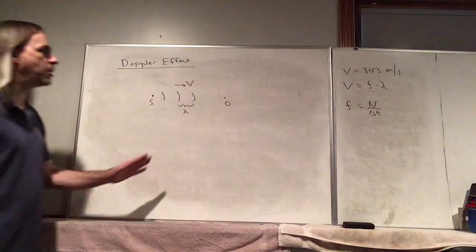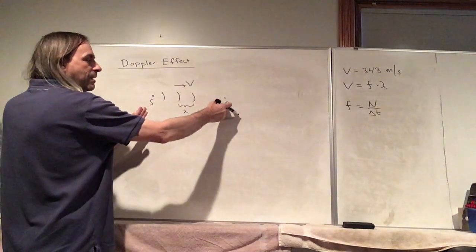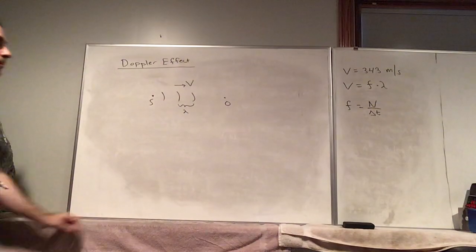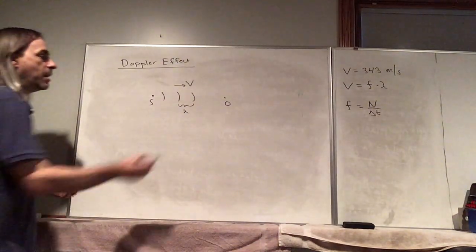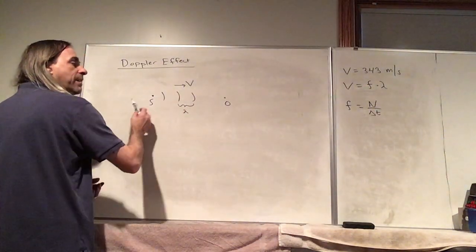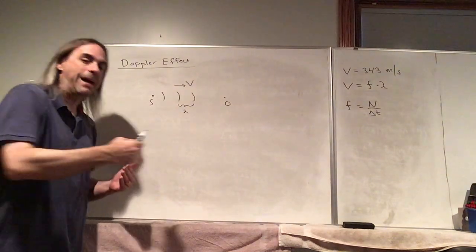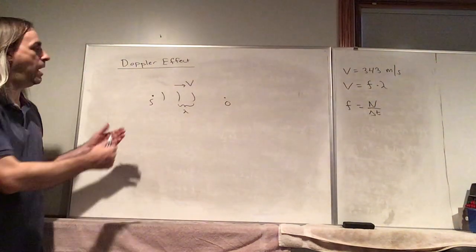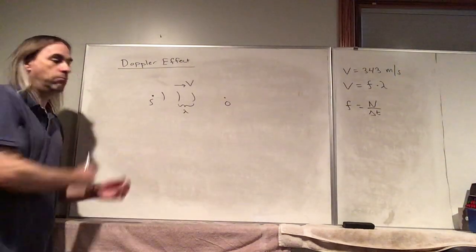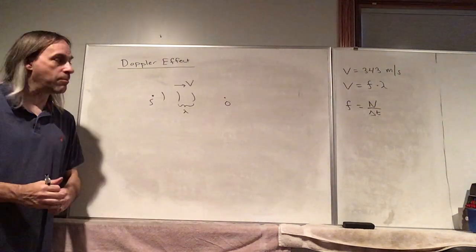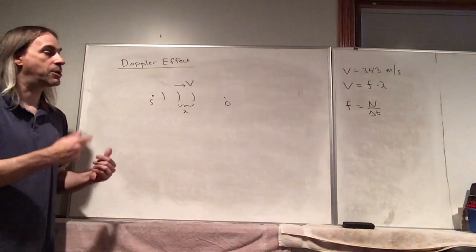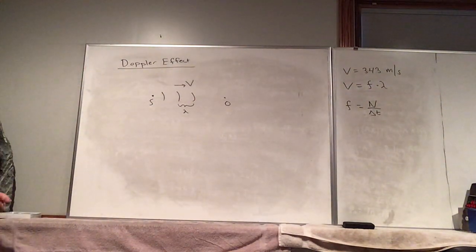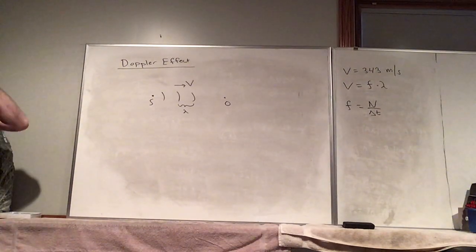A stationary observer in 1 second just sits here waiting for the wavefronts to catch up and counts the number. But if the observer is moving, they're going to catch some extra wavefronts because of their motion, and so they'll observe a higher frequency than what the source is actually producing.